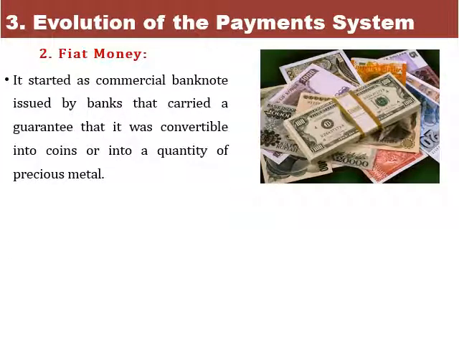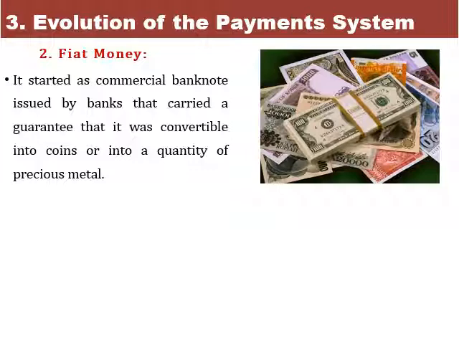Basically, paper currency, which are pieces of paper that were used as a way of payment, started by commercial banks that issued commercial banknotes that carried a guarantee to convert this paper currency into coins or into a fixed quantity of precious metals. Then, after that, this paper money turned into the form of fiat money.